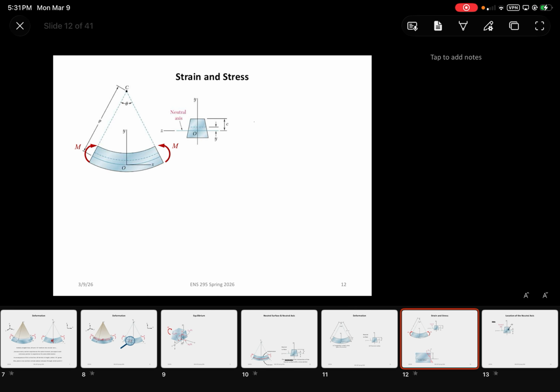Epsilon max is just equal to the max of negative c over rho, or, if this entire cross-section has some height h, negative h minus c over rho. So it's one of the two. Basically, the two critical points are just here and here.